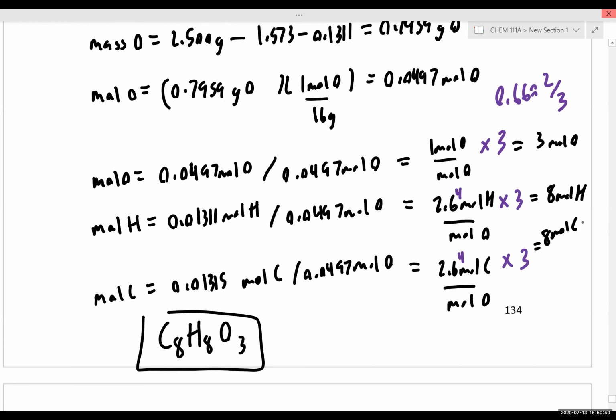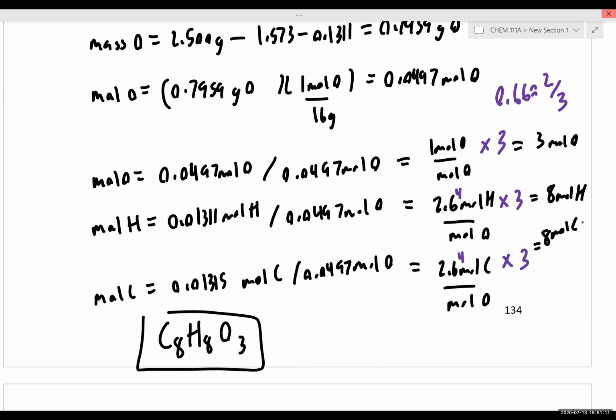So especially if the numbers aren't small whole numbers, you may have to play around and guess multiple different whole numbers. As a general rule, when you're carrying through the calculation for these combustion reactions, you want to minimize rounding whenever possible.